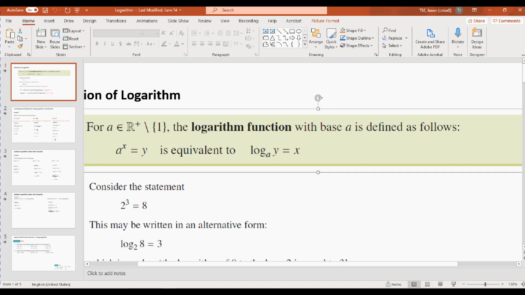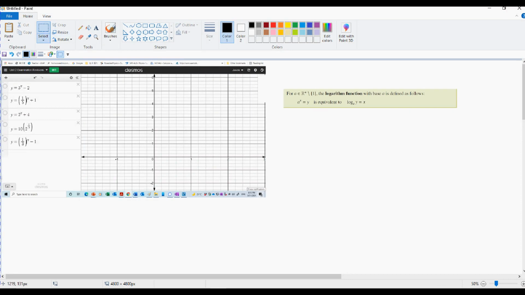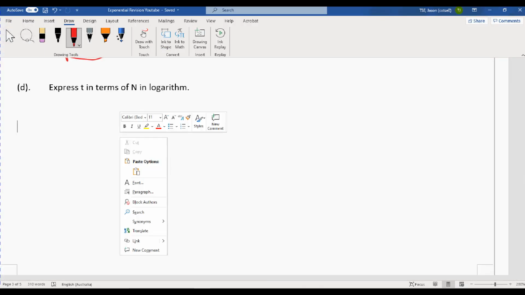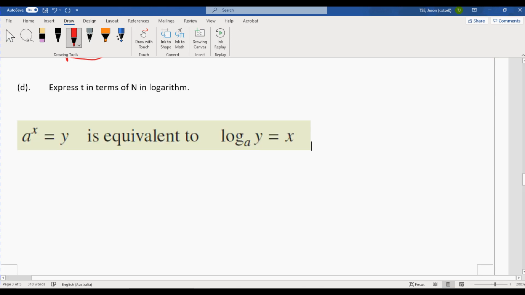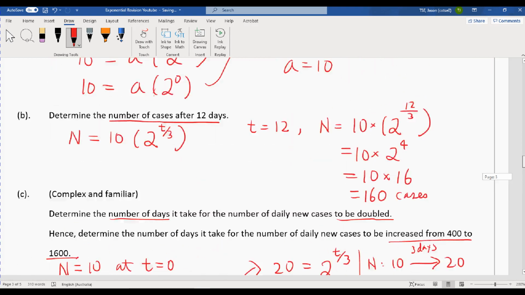This one is quite useful. Let me just copy it and put it into our solutions so you can have a comparison. I'm going to use this to try to get our equations into the logarithm form.